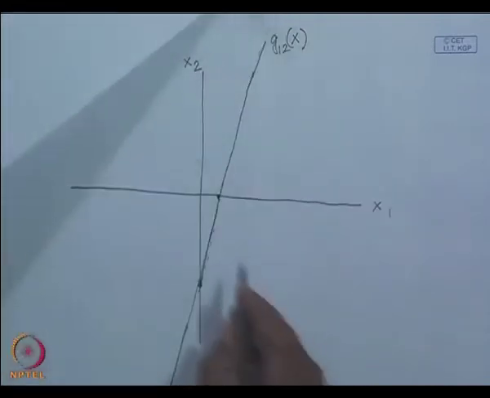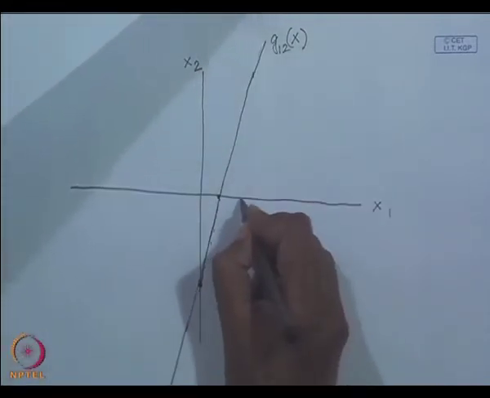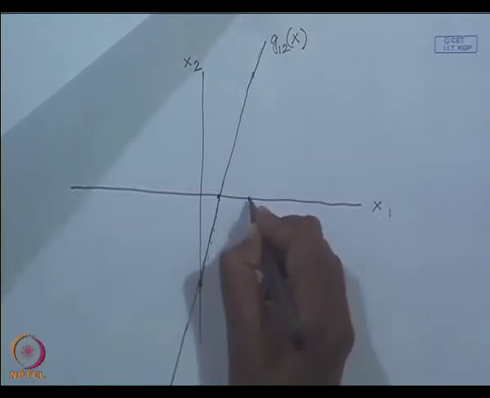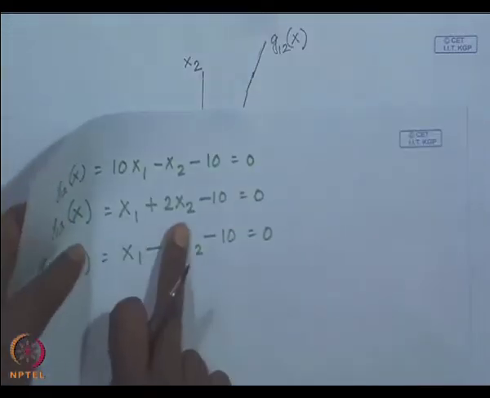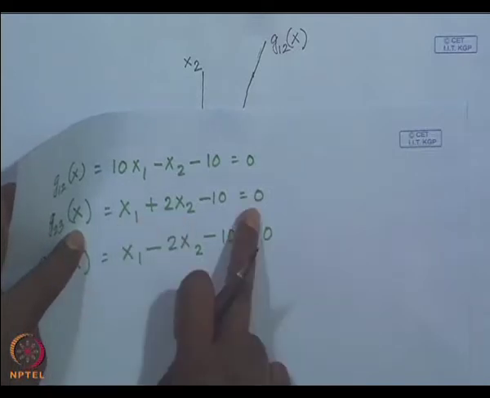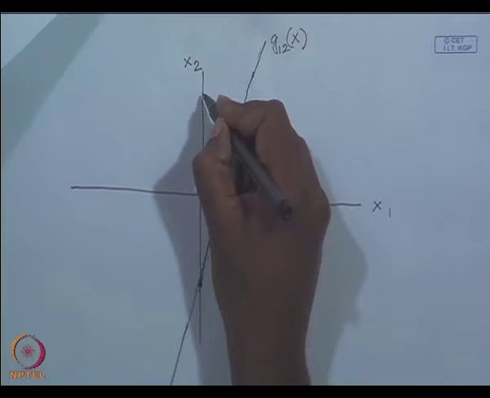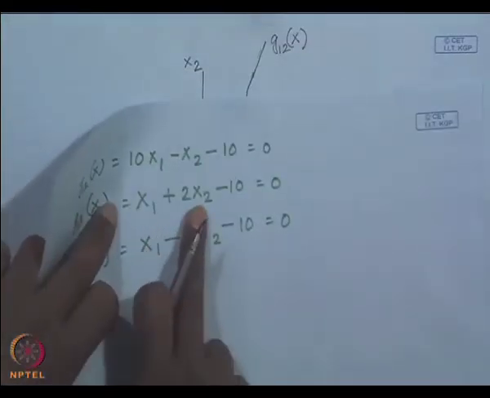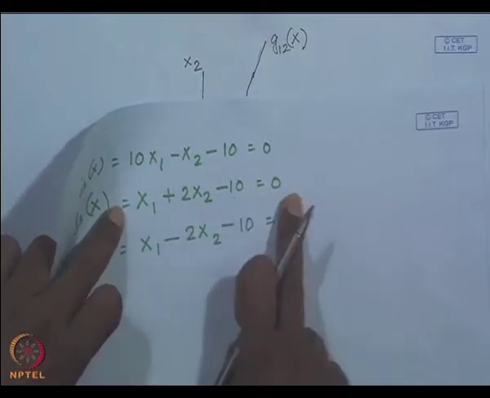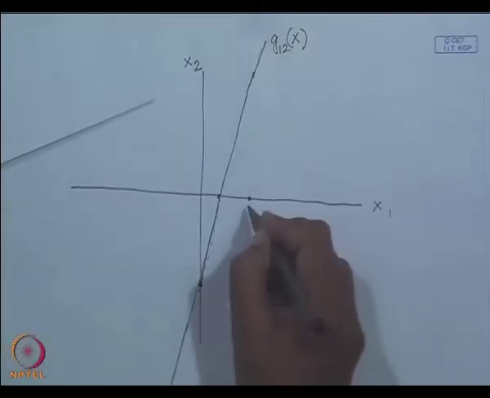So, 0, 5 will be a point somewhere over here, and if I put x2 equal to 0, x1 will be equal to 10. So, that is a point somewhere over here.